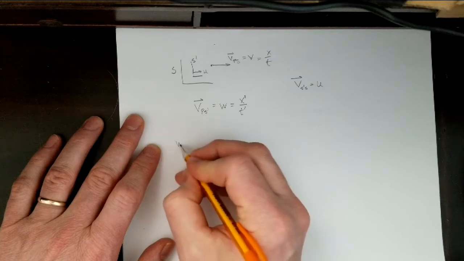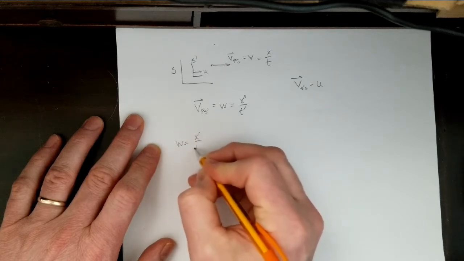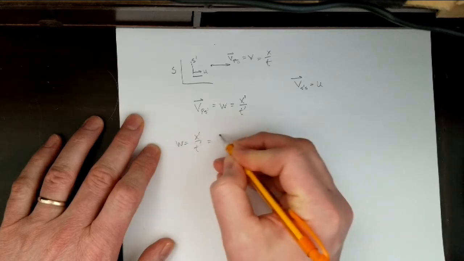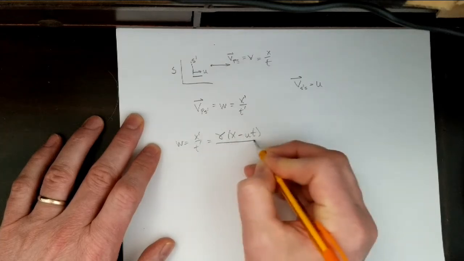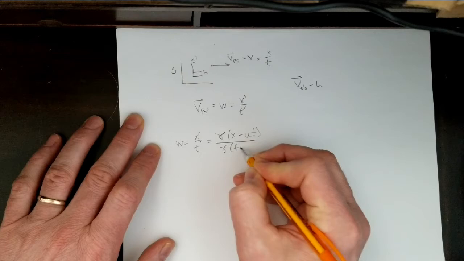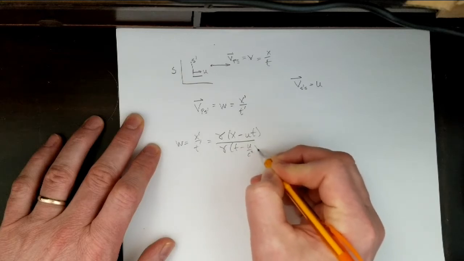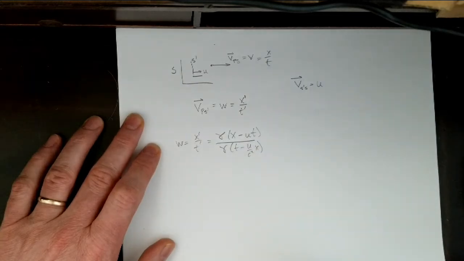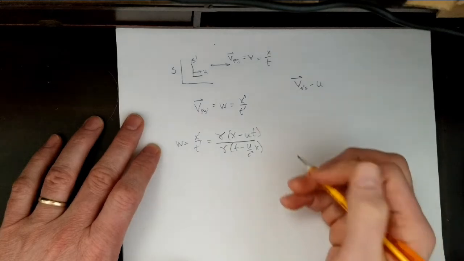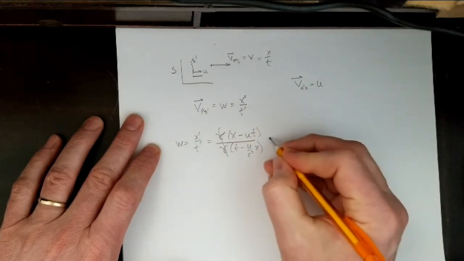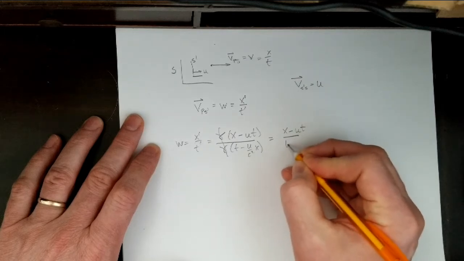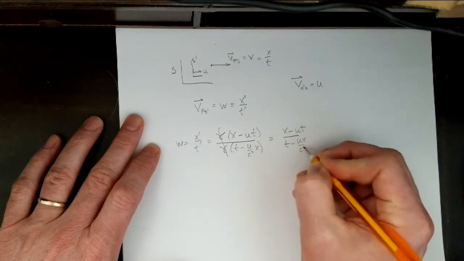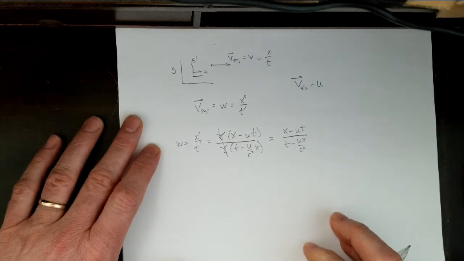So I know that w is x prime over t prime. That's equal to gamma times (x minus ut) over gamma times (t minus u over c squared times x), using the Lorentz transformations. The gammas are going to cancel out, and what I'm left with is (x minus ut) over (t minus ux over c squared). Not particularly simplified quite yet.